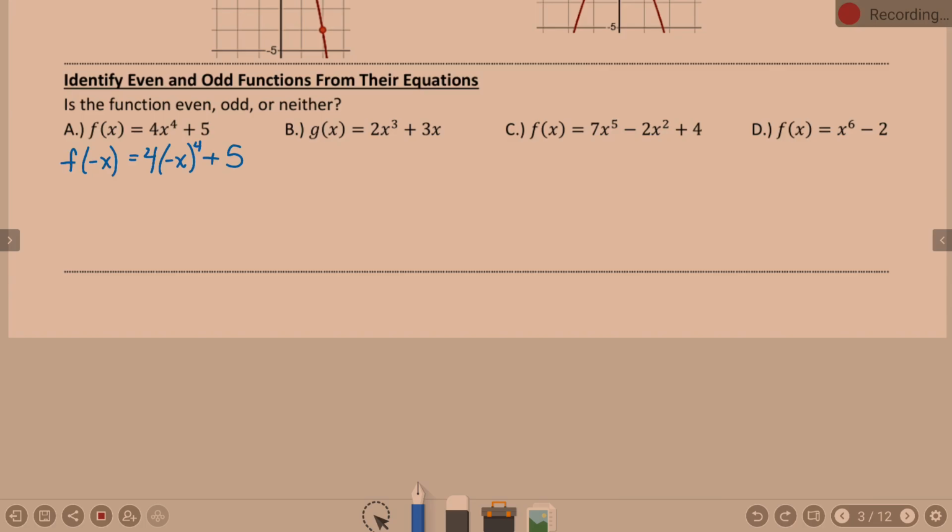What do we know about a negative raised to the fourth power? A negative raised to any even power becomes a positive. So this is positive x to the fourth times 4, which makes it 4x to the fourth plus 5. What did I just show?